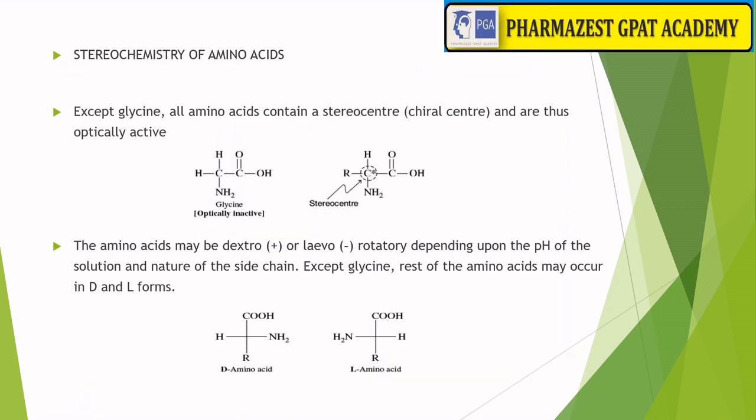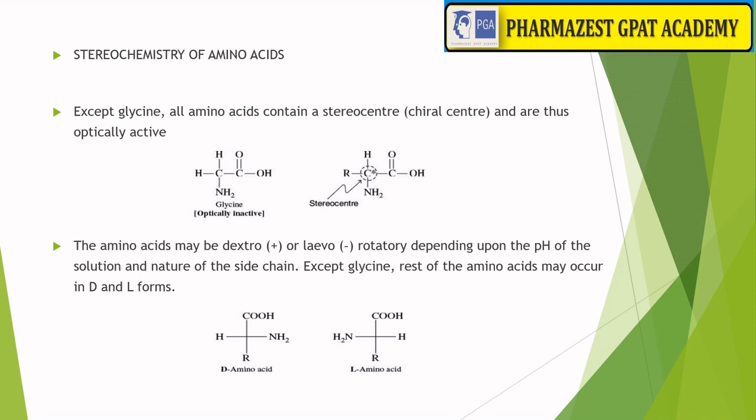Next, coming to stereochemistry of amino acids. Except glycine, all amino acids contain a stereo center. As I discussed in previous classes, what do we mean by a stereo center? That is a chiral center. A carbon attached to four different functional groups is known as a chiral carbon, hence it is optically active. A compound containing a chiral center is supposed to be optically active, except glycine.